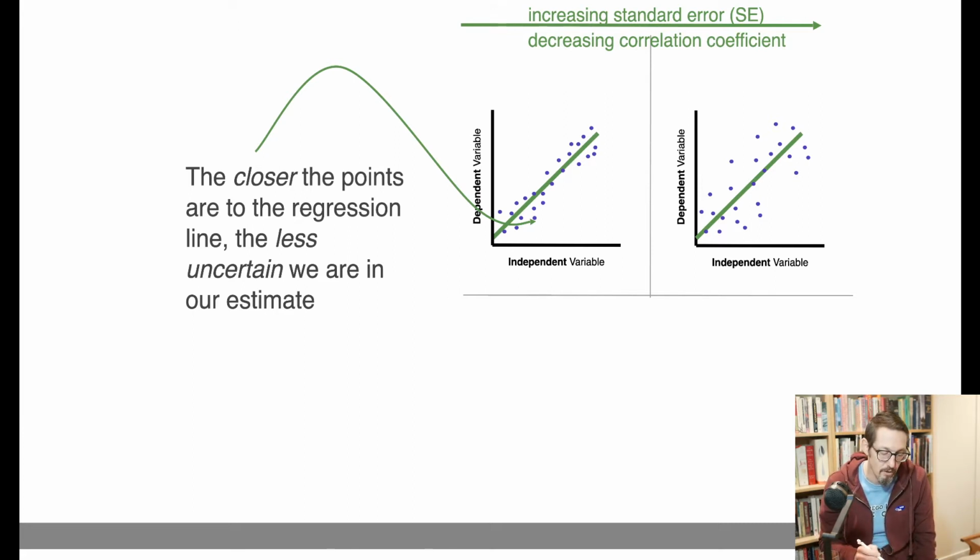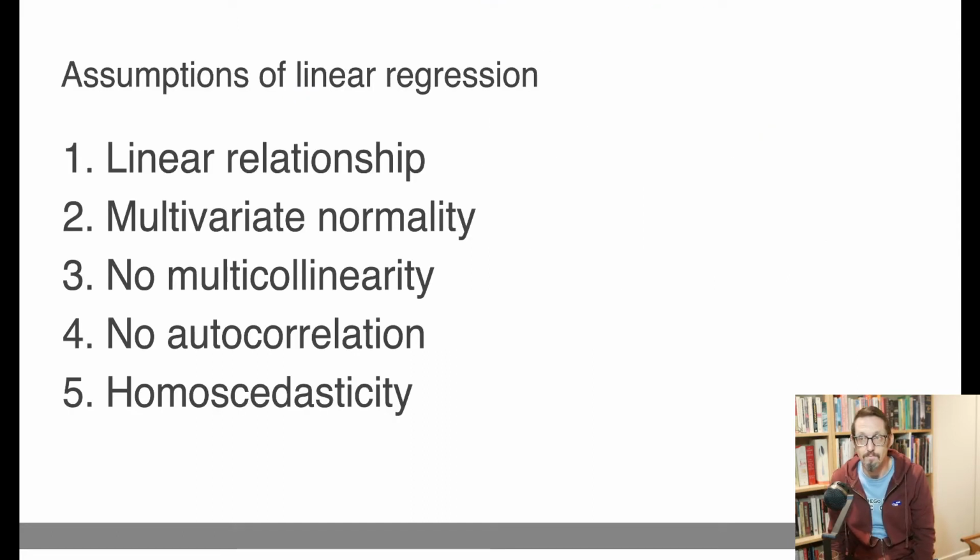This is also related to something called the standard error, and we're going to talk more about the standard error. The closer the points are to the regression line, the less uncertain we are about our estimate.